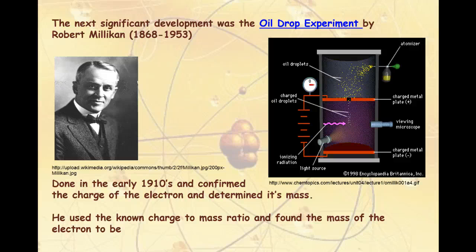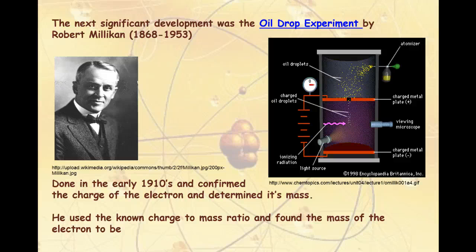Now, the next significant development was the oil drop experiment that was done by Robert Millikan. Now, the interesting thing about Robert Millikan, as we go through the history of the atomic structure, we'll see that most of the scientists were German scientists, English scientists.